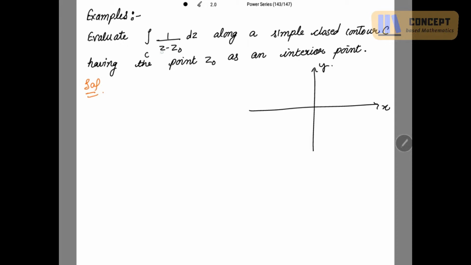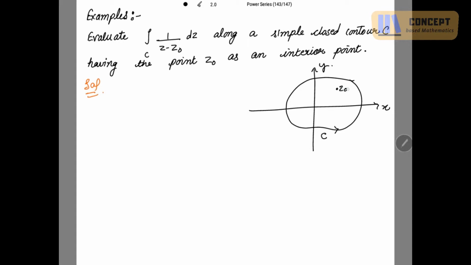Now it is given that z naught is an interior point in the simple closed contour C. Suppose this is any simple closed contour C; since the domain should be on the left hand side, the arrow should be like this. And let this be the point z naught, the interior point.